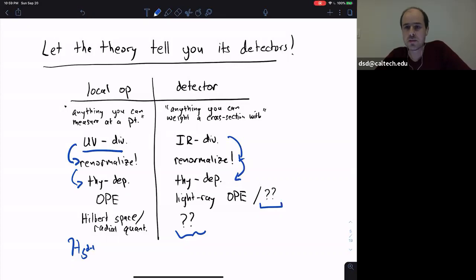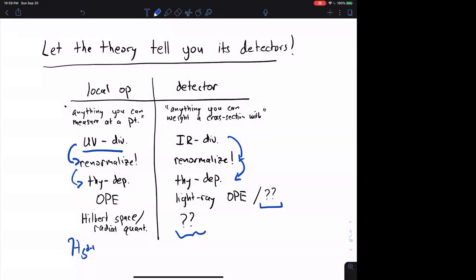Other questions? Hi, David. One way to take this discussion: in the previous slide, the current that you integrated over for j greater than 2 is not a conserved operator in the interacting theory. So could you think of the renormalization as renormalizing that local operator and integrating it? So absolutely.